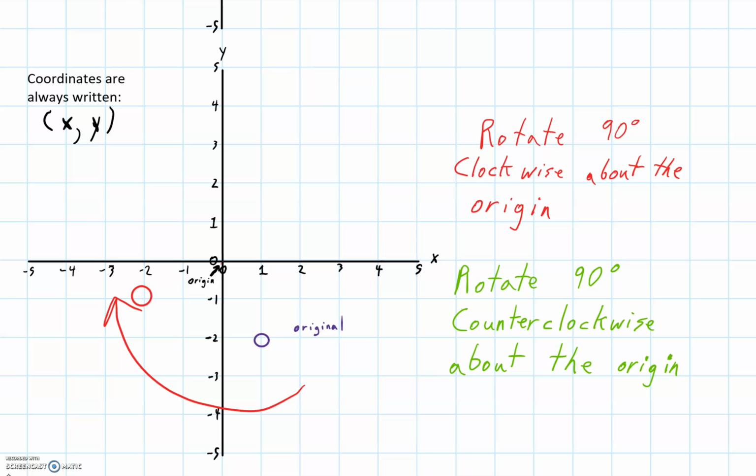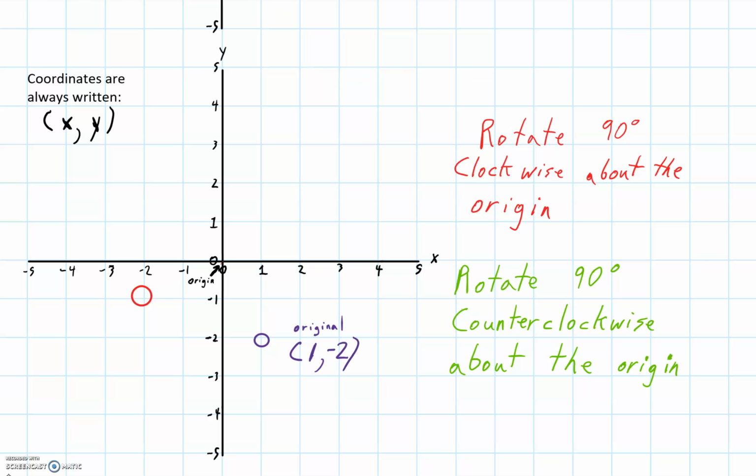Okay, so we have now made the image, but let's see if we can see anything interesting about it when we find the coordinates. Remember, coordinates are always written x, comma, y. So let's think about the original. The original has an x of 1, comma, and then the y is -2.